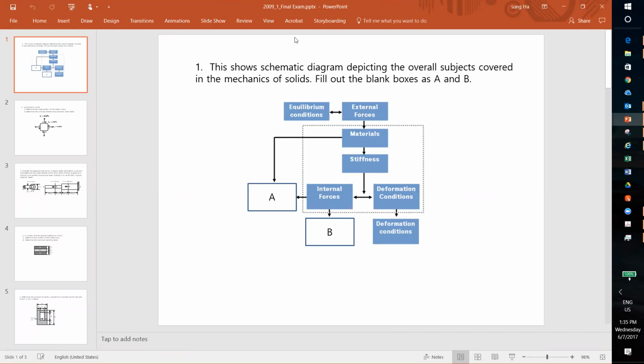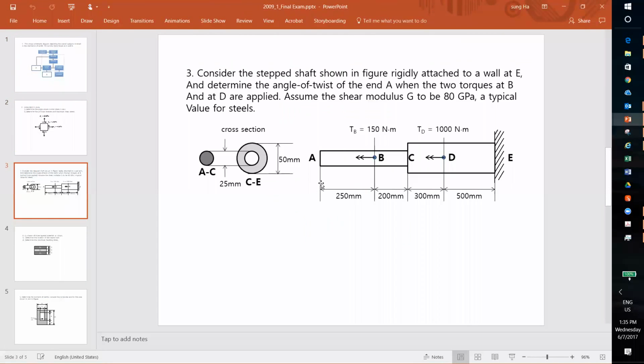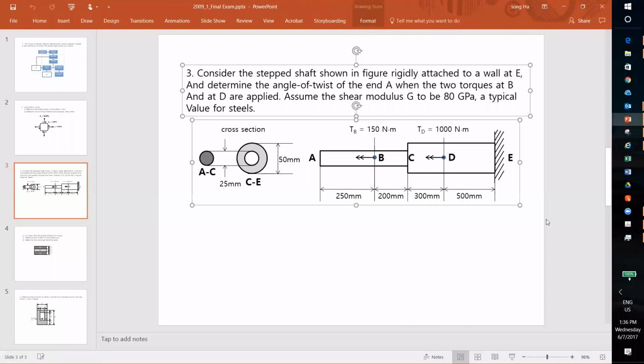Well, in this one, we have a stepped shaft as shown below, and we apply certain load moments, and this one can be discussed in the class.